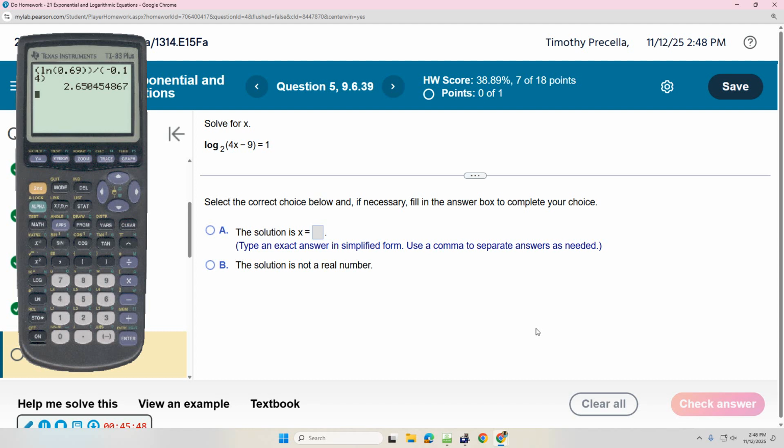We've already solved some logarithmic equations in the previous assignment.